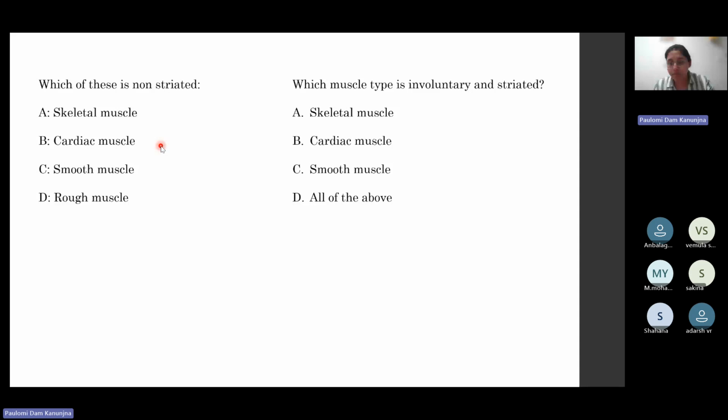Okay. Anyone else? Okay. Let me move on. Right? Non-striated, smooth muscle only. Involuntary, smooth and cardiac, but striated means cardiac. Right? Okay.